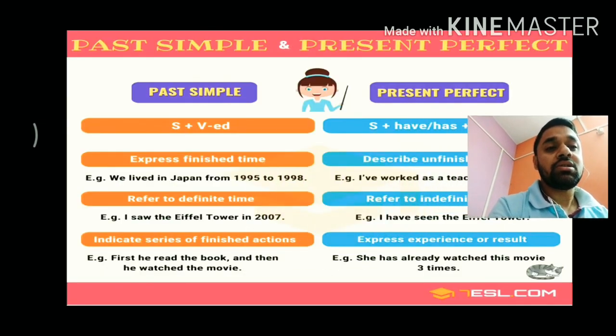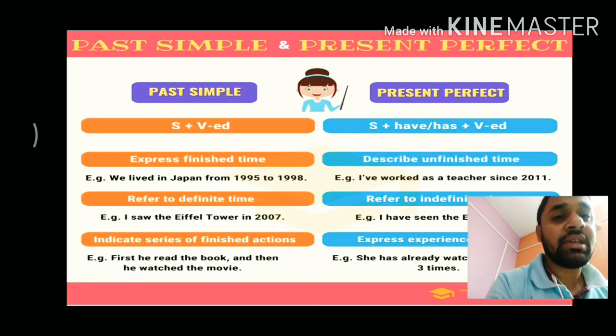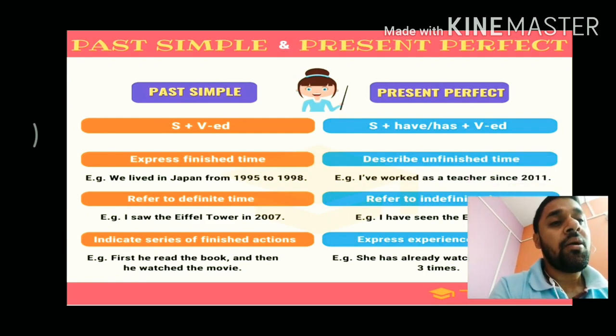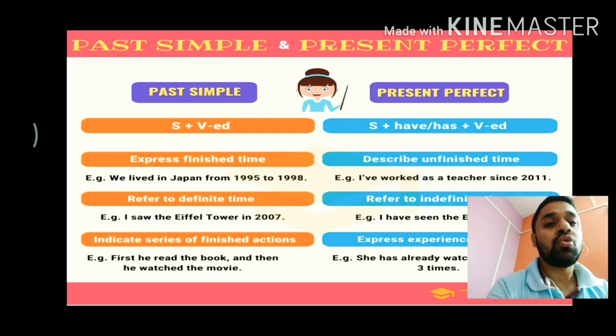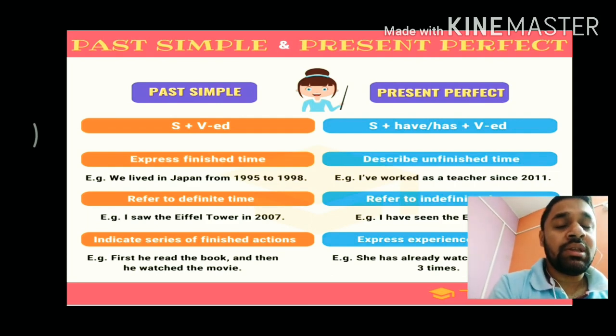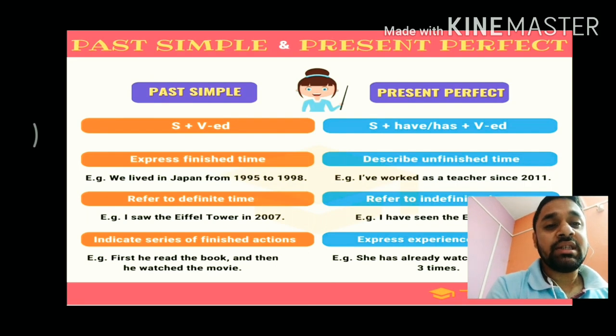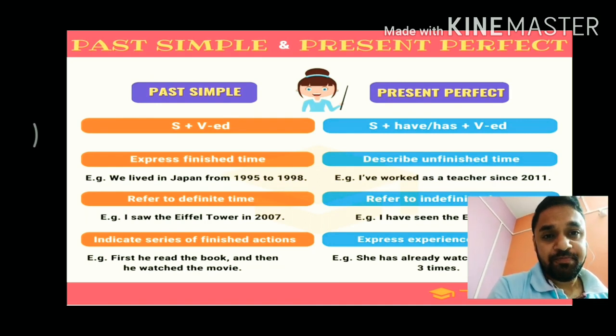Now past indefinite or simple past tense, and present perfect tense. In past indefinite tense, first subject, then V2, and in present perfect, subject plus has or have, then V3, and then the object.